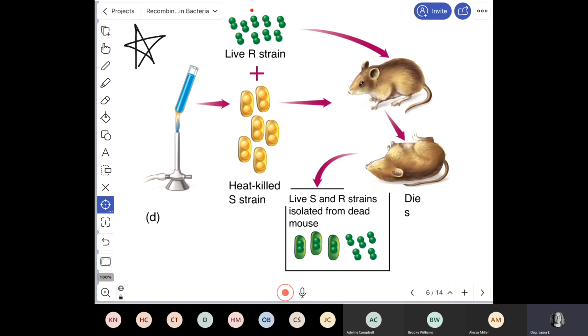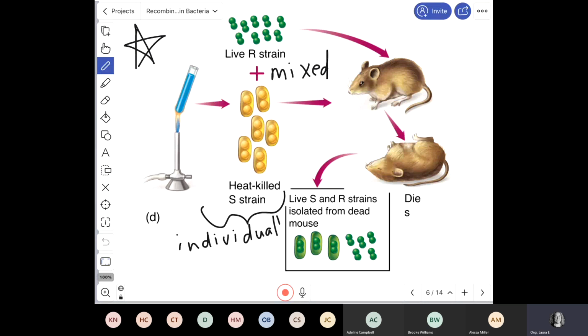So he made a mixture of these two. And he knew from those earlier experiments that these individually are not deadly.